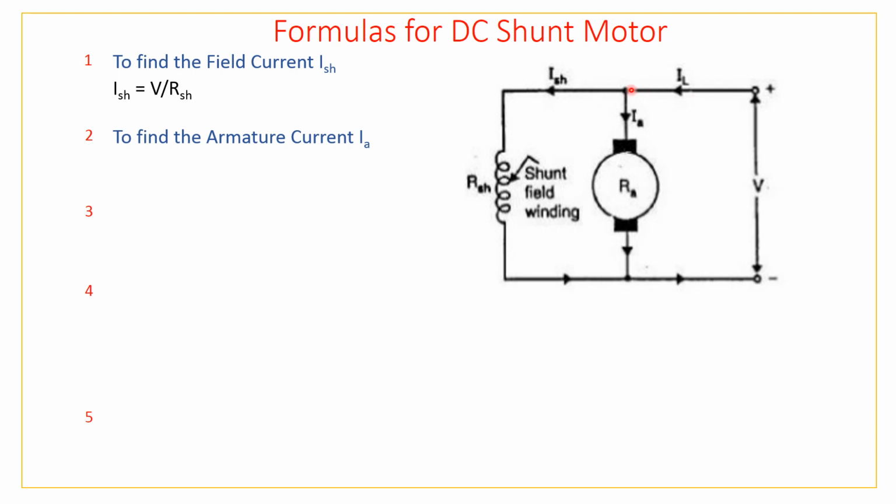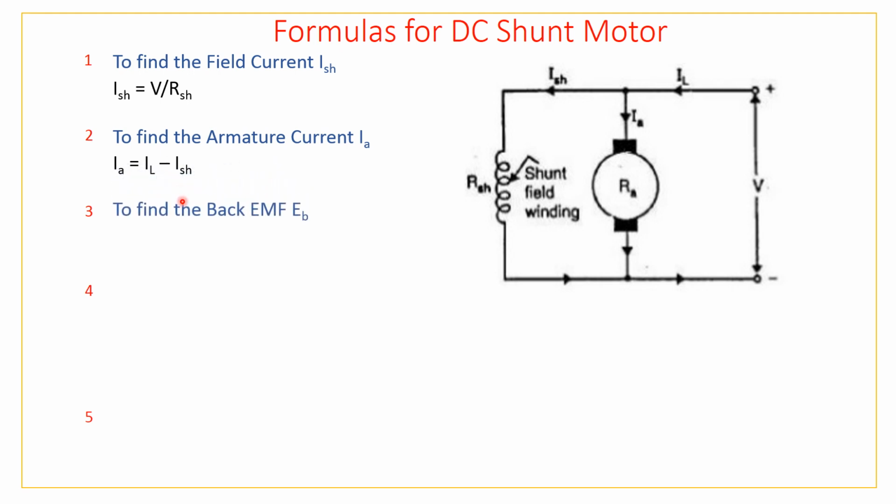Therefore IL is equal to IA plus ISH, so IA is equal to IL minus ISH. Generally V, IL, RA and RSH will be given. The first thing is to find V by RSH, which is ISH. Now two parameters are known, IL and ISH. Once you know IL and ISH, you can find IA, the armature current. So IA is equal to IL minus ISH.